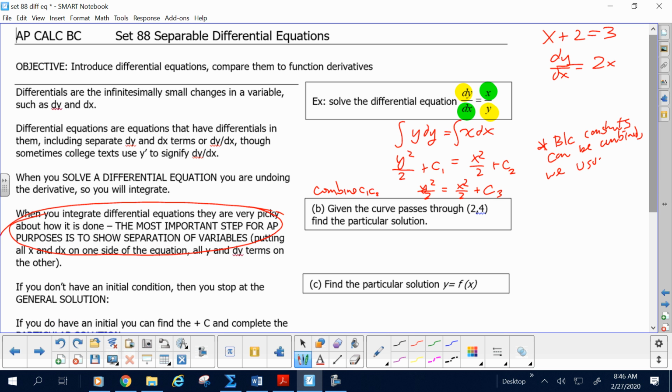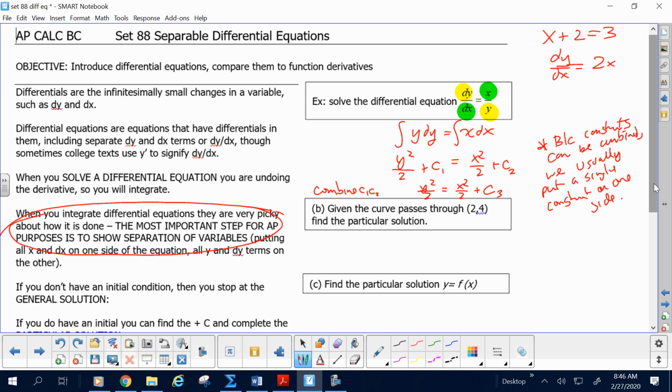We usually just put a single constant on one side. I wanted you to see the idea that really, technically, I get a constant on both sides, but it's arbitrary, and I can put them together in the next step anyway. So we don't show that C1, C2, C. We just say put a C on one side. I don't care which side, but there's got to be a constant on one of the sides. You with me? All right. Thankfully, then we don't have to show that every time because that would be tedious.